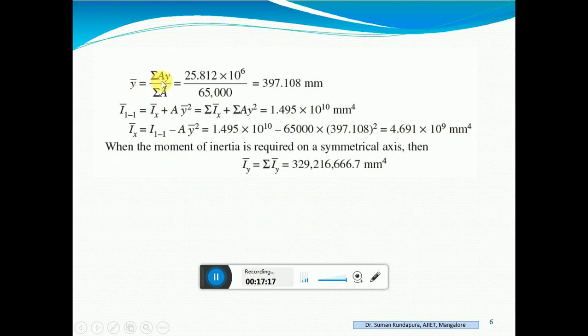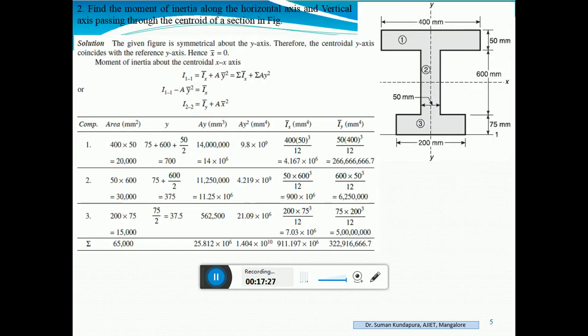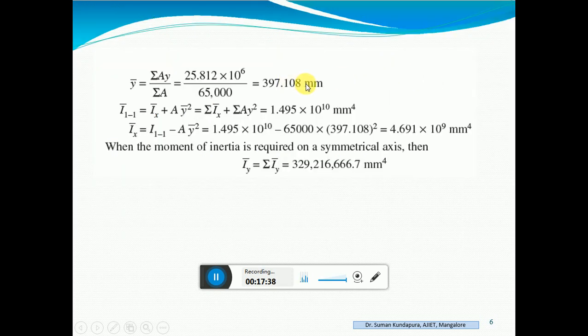Y bar is nothing but summation ay divided by summation a. You will get it as 397.108 mm. That is from the 1, 1 axis, it is lying somewhere here.